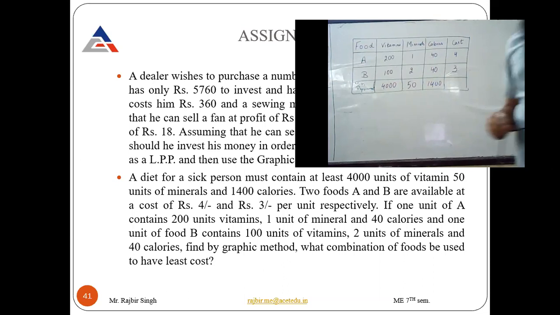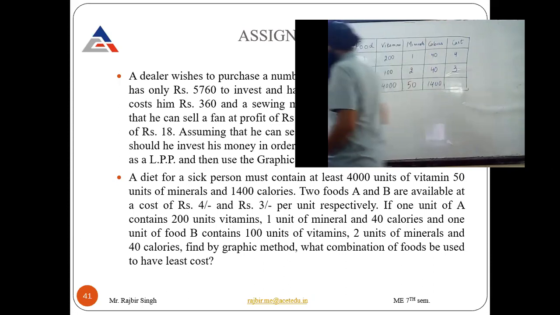So what combination of foods must be used to have the least cost? We have to find the minimum cost.